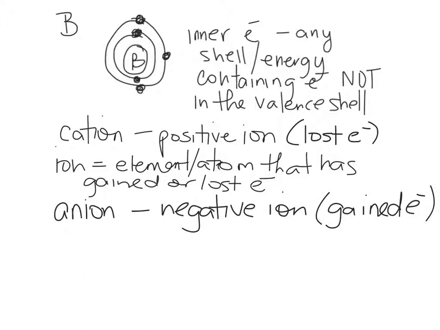Jack, where is it? 16th column, third period. Okay, so 3 rows down, 16 columns over. Okay, is it going to gain or lose electrons? Is it on the left or the right? It's going to gain electrons. Okay.